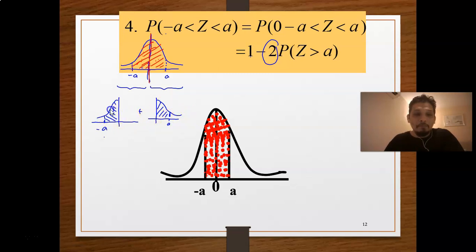This area is equal to this area. They are equal. So the whole area is equal to 1.